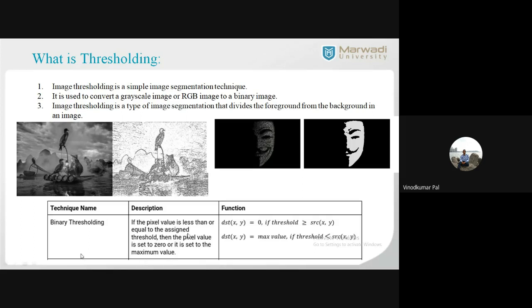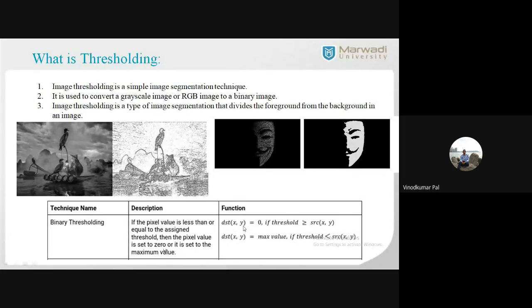Then the pixel value can be set to 0 if the pixel value is less than the threshold. If the pixel value is 25 and I have given the threshold 60, then the pixel value is set to 0. 0 means black, or it is set to the maximum. This is the simple funda of this, and they're just showing it in the mathematical portion over here.